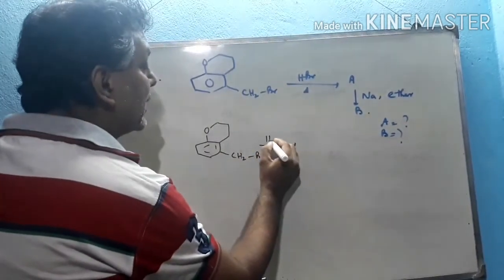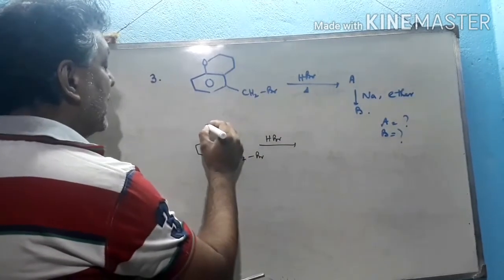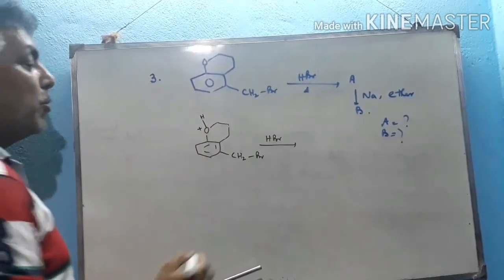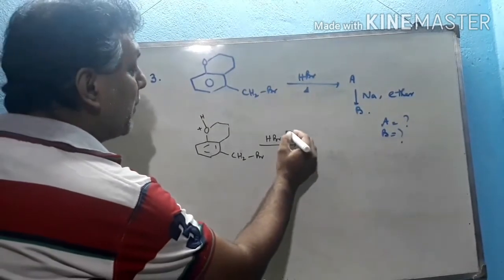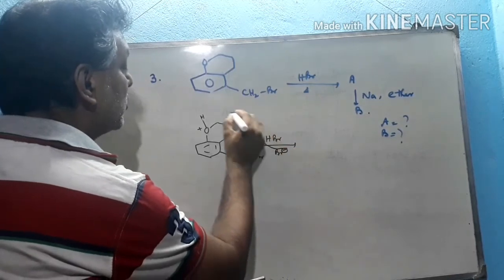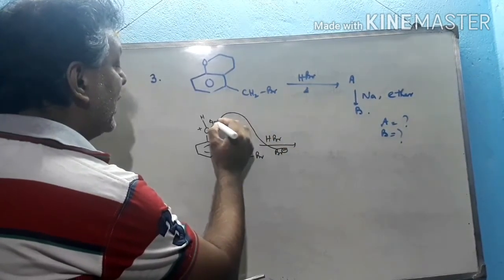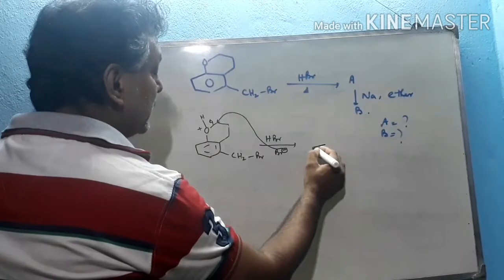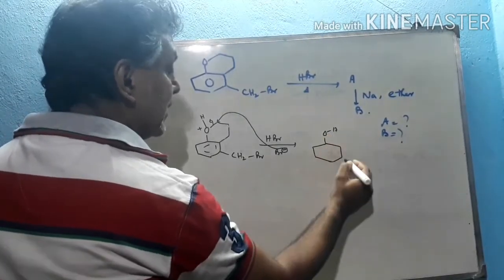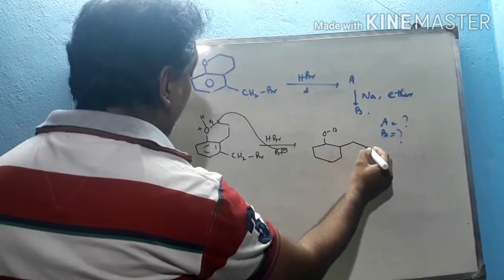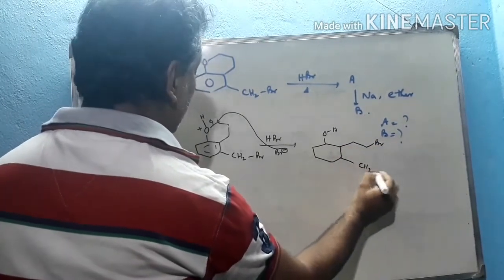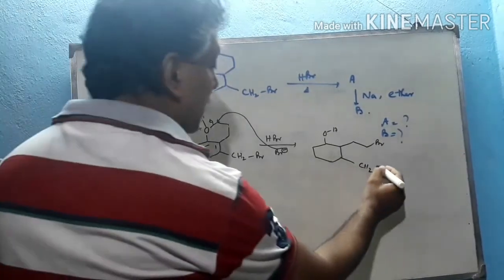So when it is treated with HBr, the oxygen atom gets protonated to form a positive charge, and hence Br minus attacks this center and dissociates this linkage to form this compound, OH, Br CH2 Br.